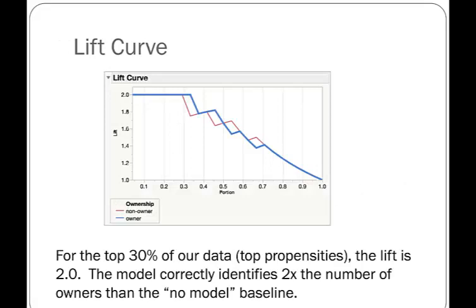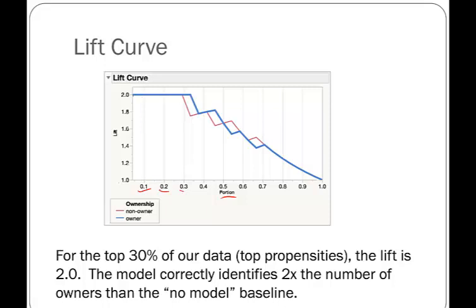how that works. We can see what a lift curve looks like by putting the portion of the total number of records that we might sample on the x-axis, and then on the y-axis we would say what is the lift, or in other words how many times more likely are we to identify the class of interest if we take, say, the top 10% or the top 20% or the top 30%.